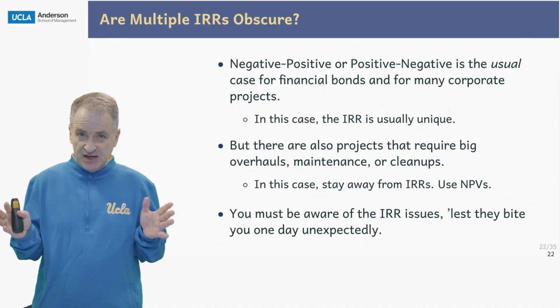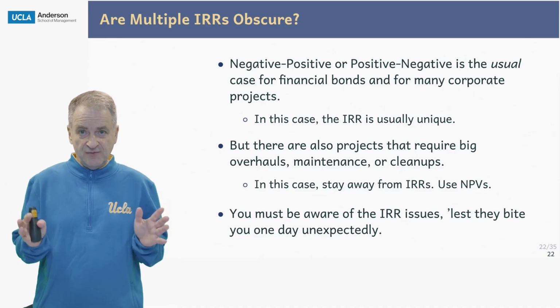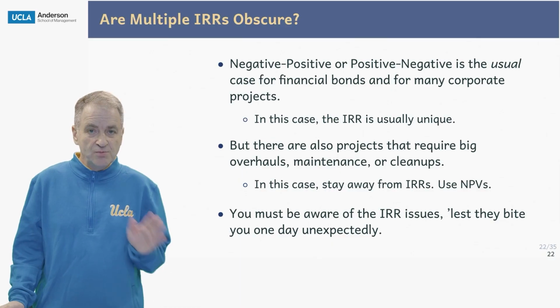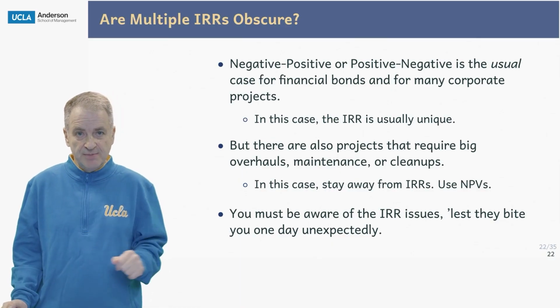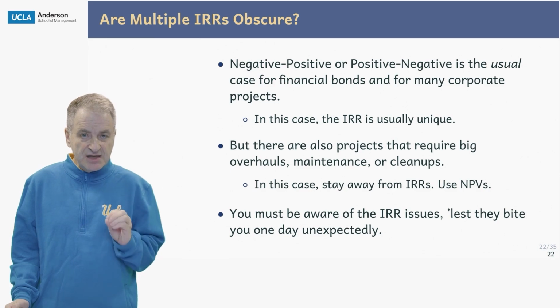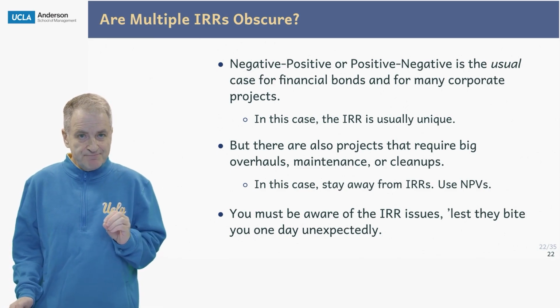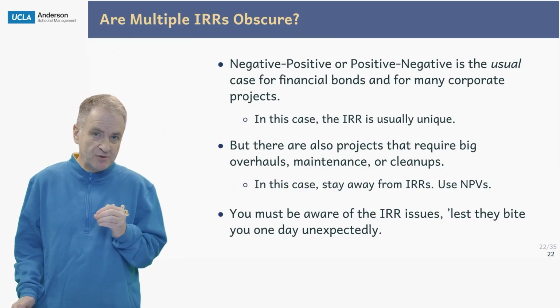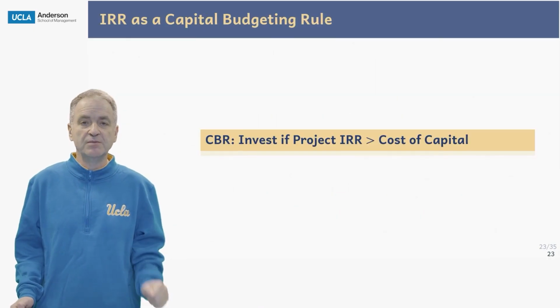In this case, my advice is stay away from the internal rate of return. Just use net present value. You must be aware that this can come up, otherwise it can bite you one day unexpectedly. Excel may give you a number, but it may not be the only number and it may mean something completely different than what you think it means.